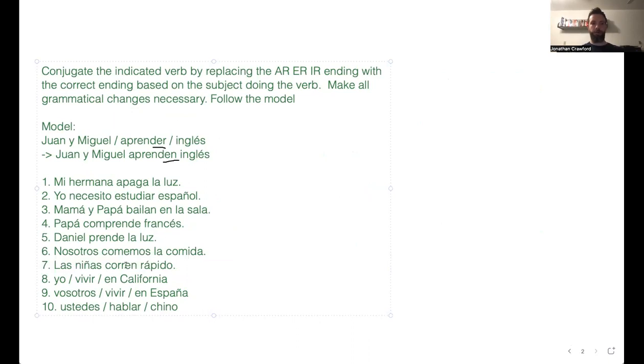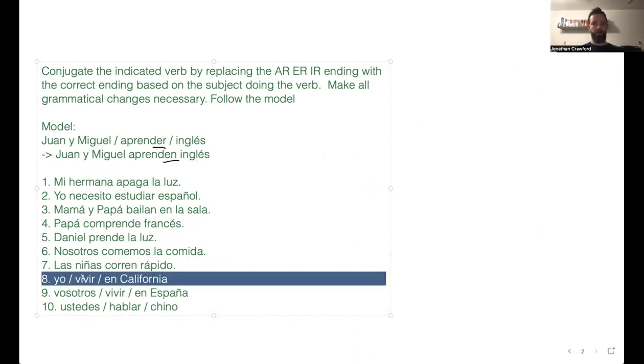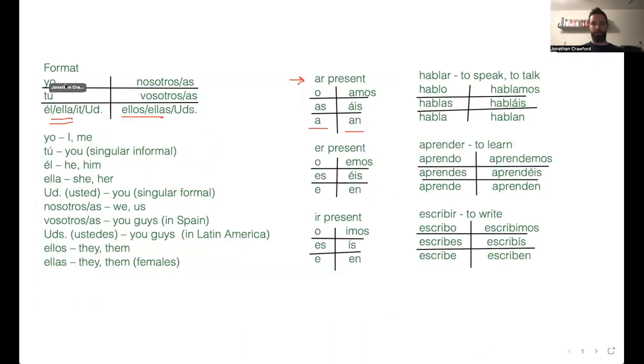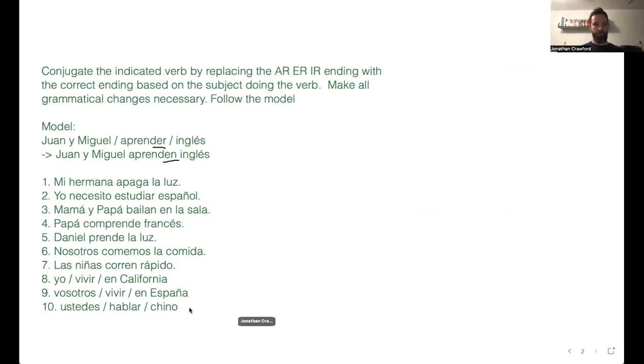The girls run fast. Yo vivir en California. Yo vivir, IR verb, O at the end. Yo vivo. Yo vivo en California.